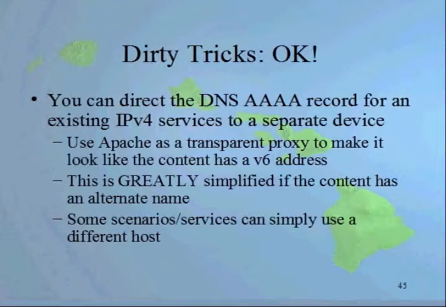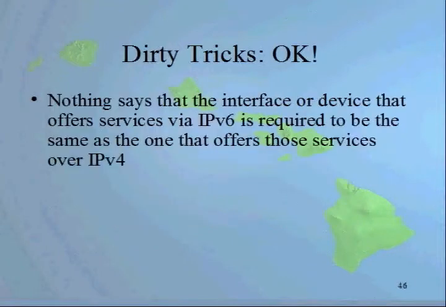This is greatly simplified if the content has an alternate name, and some scenarios and services can simply use a different host. For instance, I point out that nothing says the interface or device that offers services via IPv6 is required to be the same as the one that offers those services over IPv4.